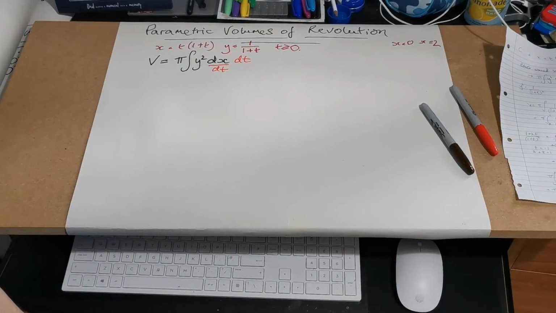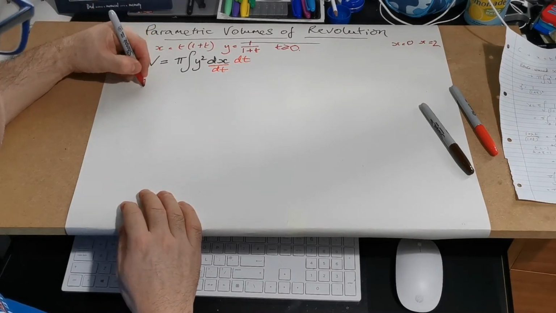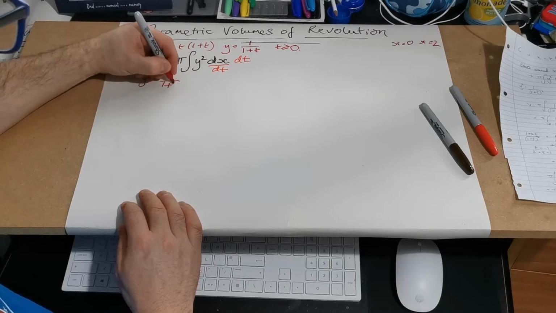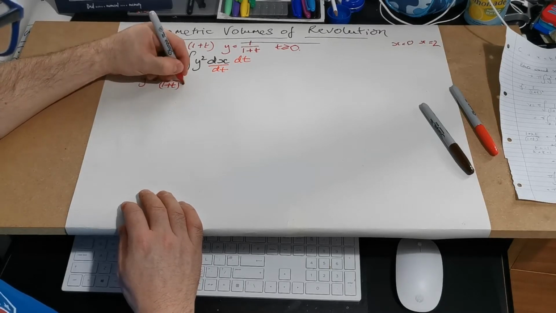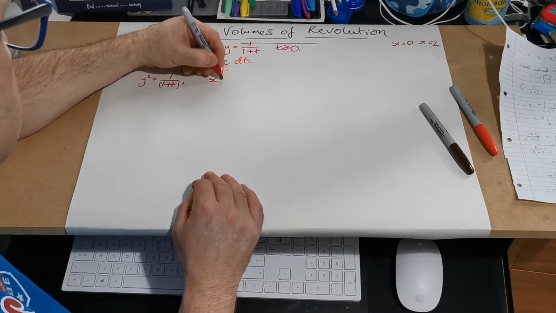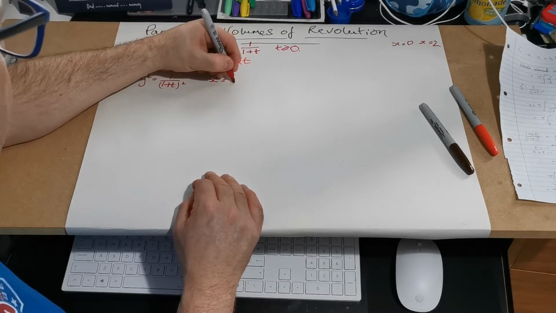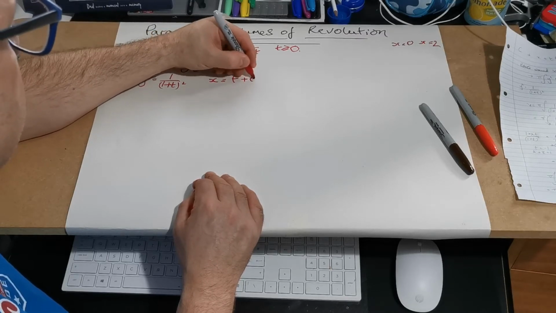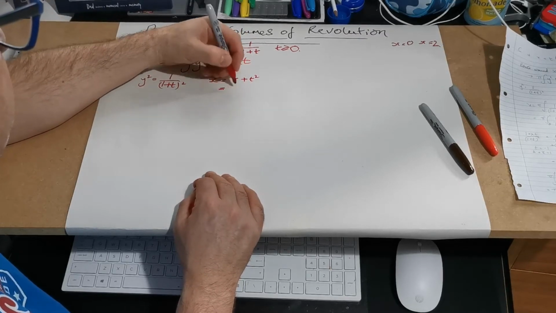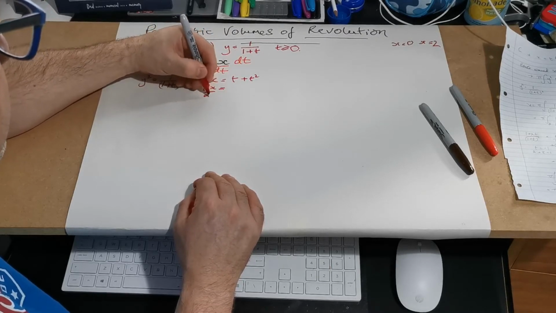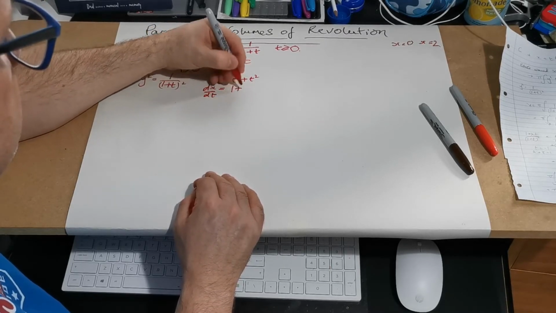So from this question, I need to know what y squared is: 1 over (1 plus t) squared. And I need to know what dx by dt is. Well, x, I multiply out that bracket, I get t plus t squared. If I differentiate that, I get 1 plus 2t.